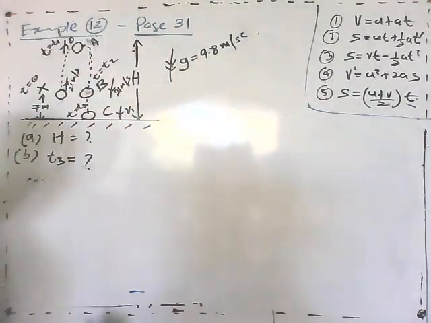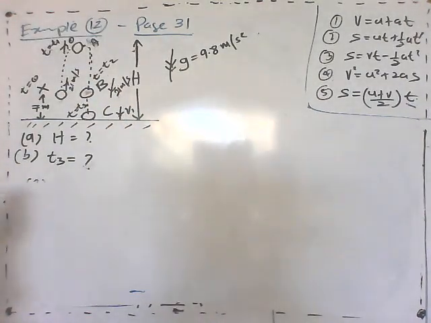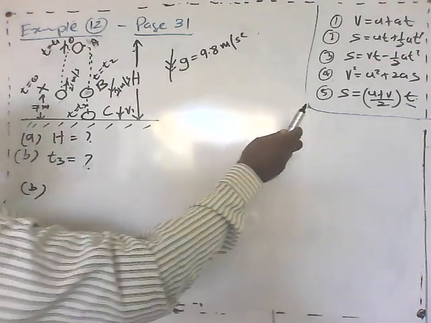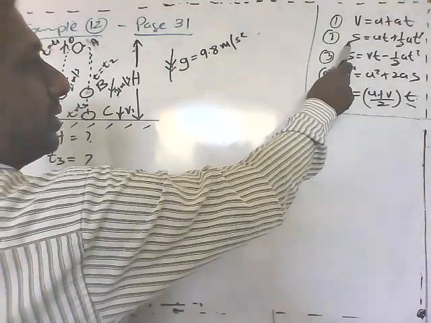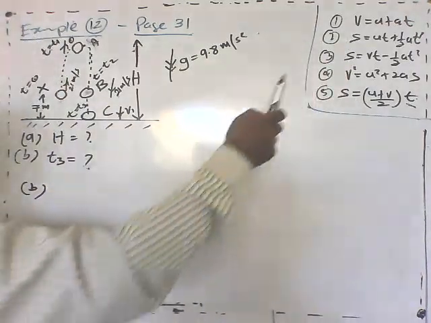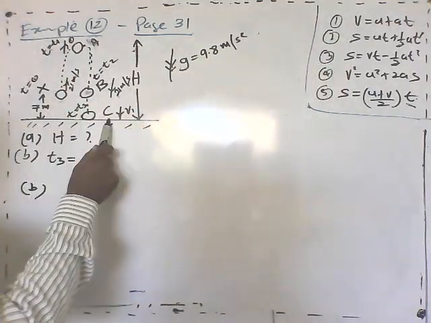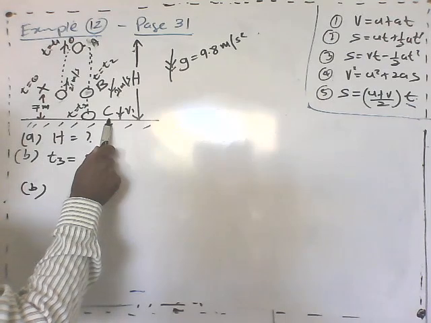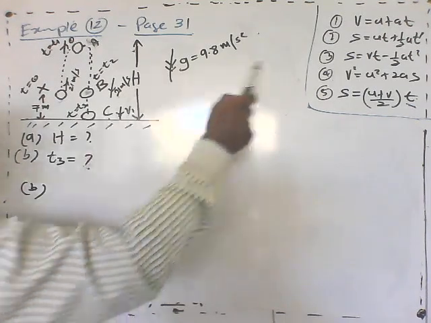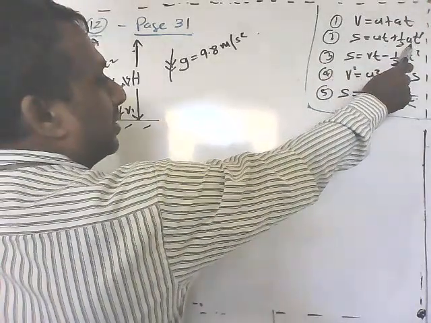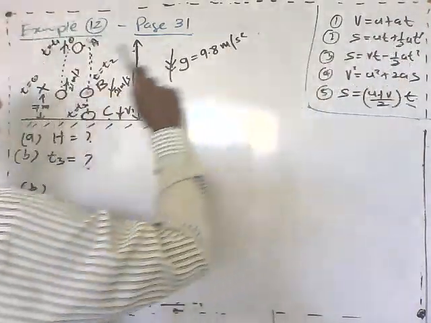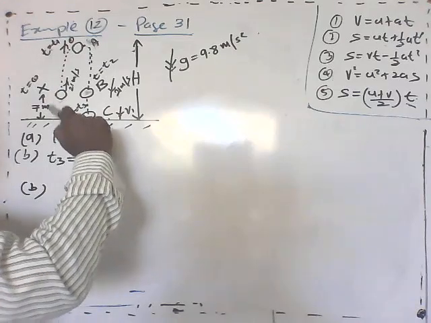Part B, we will do like this. If we use s equal to ut plus half a t squared, from X to C, the time is what we have to find out, that is the trouble. The time will get cornered, the acceleration we know, and we know how much he is going down.